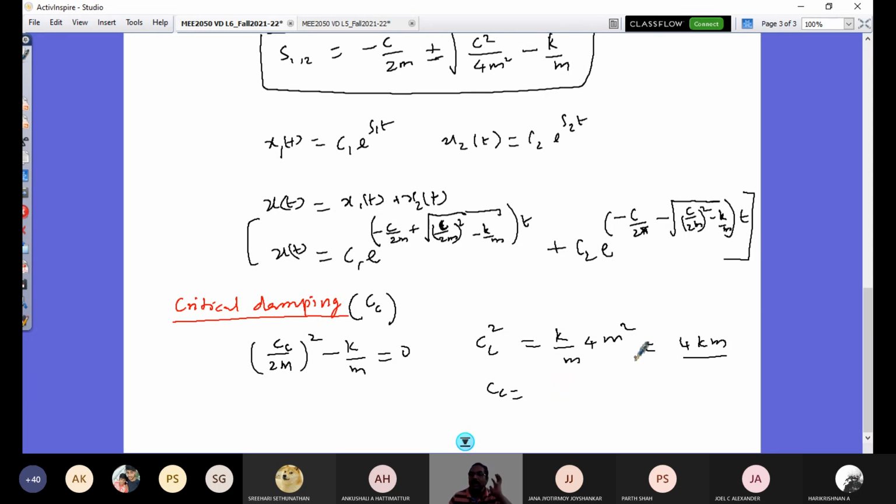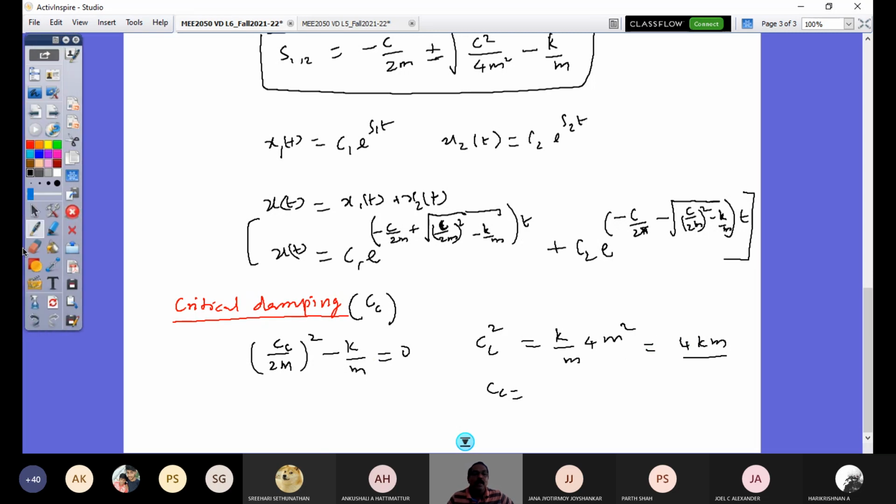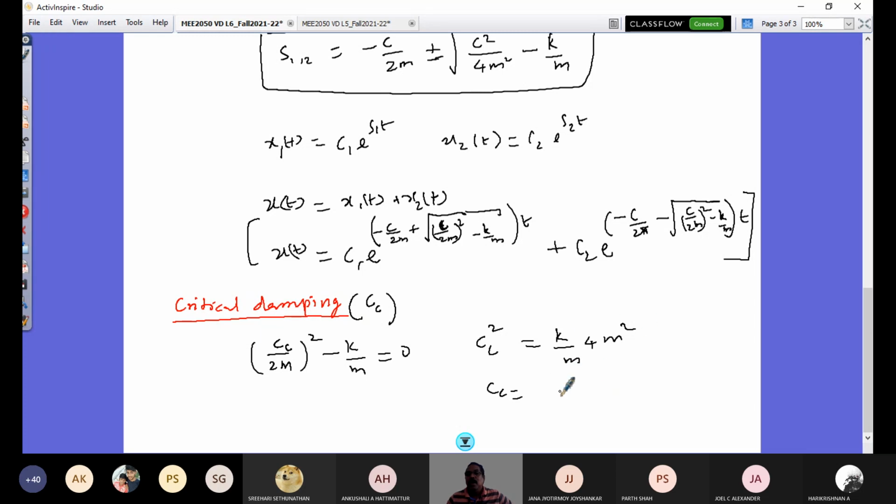So let me rewrite this once again instead of writing it like this. So let me write my Cc now this way, under root of this all. Let me keep this K by m as it is, because under root of K by m is omega n, you know, so I will be able to write it in terms of natural frequency.